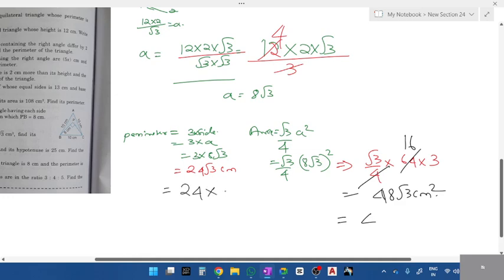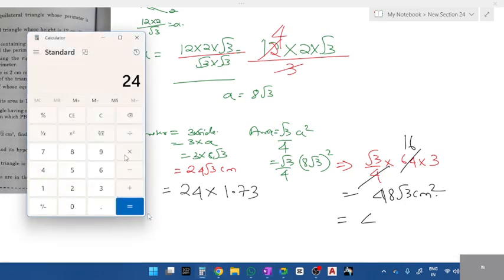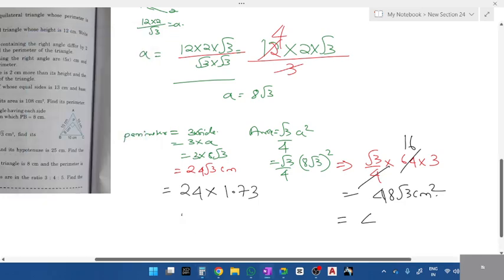What is root 3? 1 point... Okay, I'll just multiply that. 24 into 1.732 is 41.568. Write it as 41.57. Is it correct? Right or wrong?